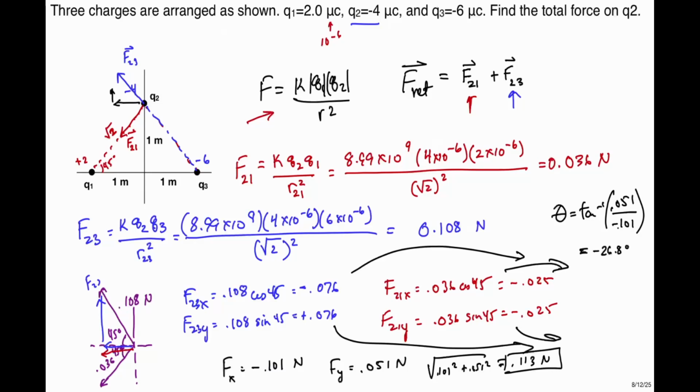Where's the other place you can get a negative angle? Which quadrant? Fourth quadrant. You can get a negative angle there also. Okay. Again, what does the negative mean? Rotating clockwise. The angle is drawn from the horizontal.